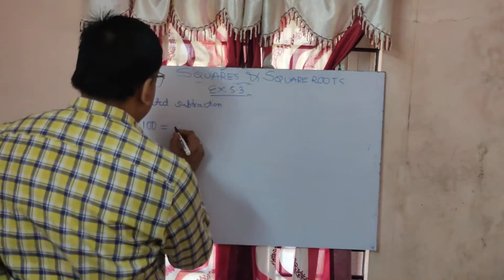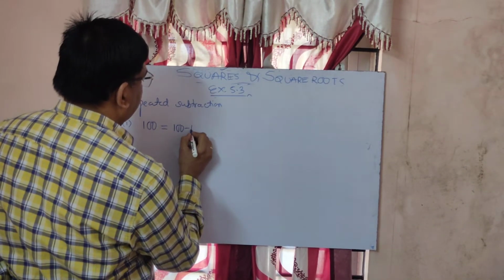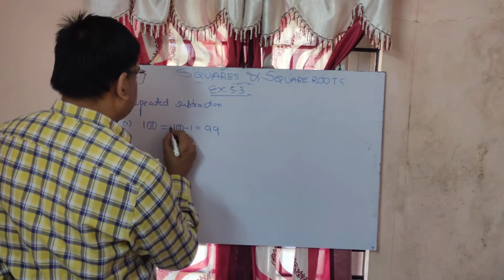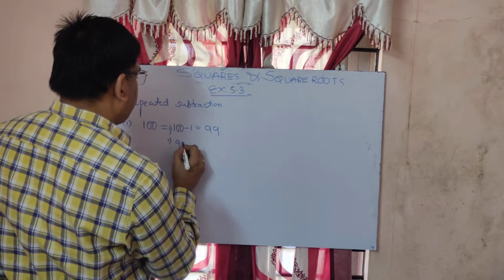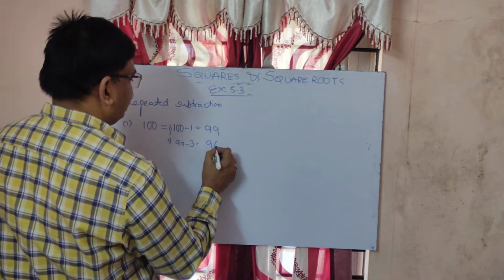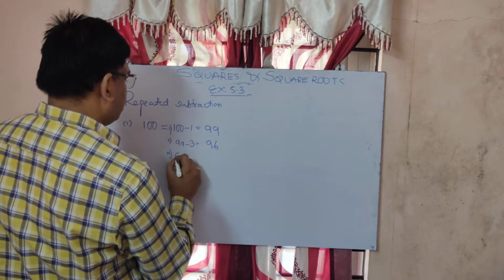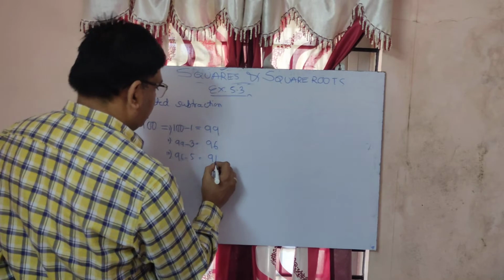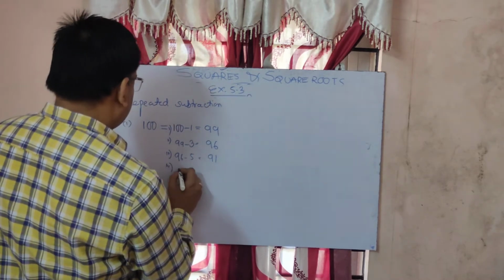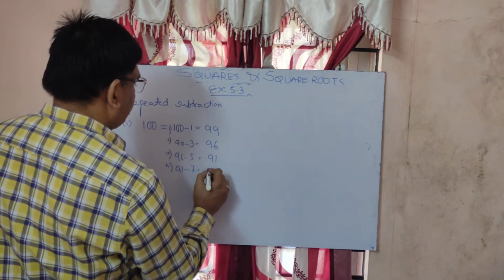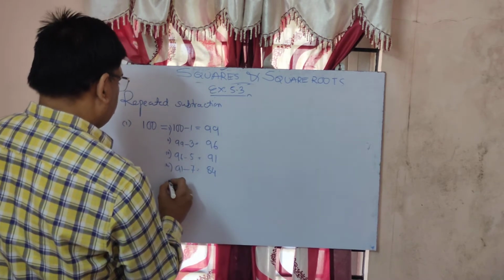The first number is 100 minus 1, how much is it? 99. The second step: 99 minus 3 is 96. Third: 96 minus 5 is 91. Fourth: 91 minus 7 is 84.